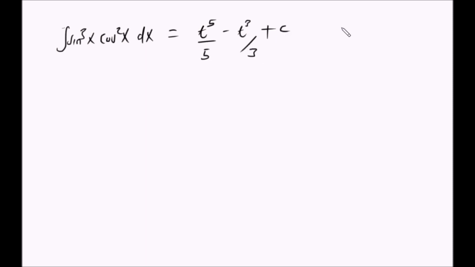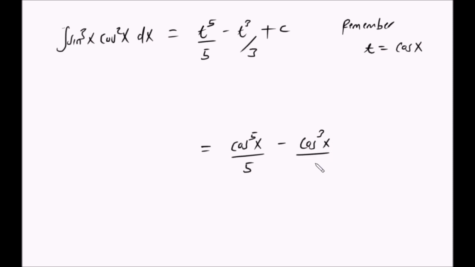But remember t ni nani? Cos of x. Kwa hiyo kumbe jibu langu la kikweli kweli ni cos of x power 5 over 5 minus cos of x power 3 over 3 plus c, where c is what? A constant. So this now is the answer.